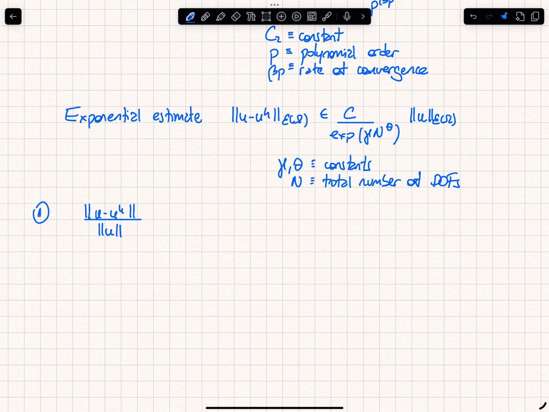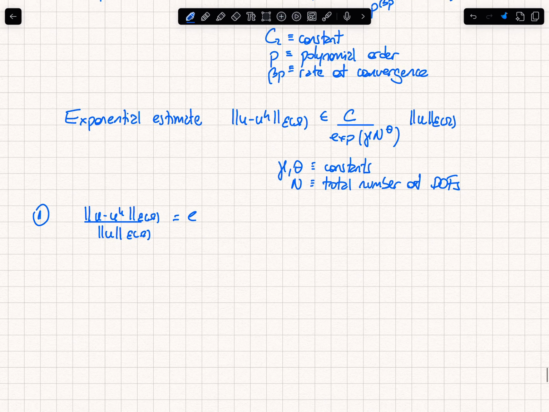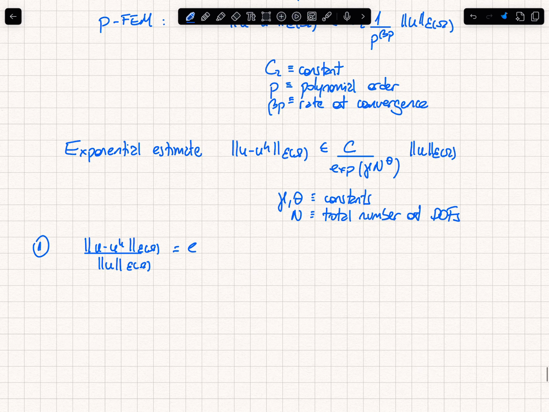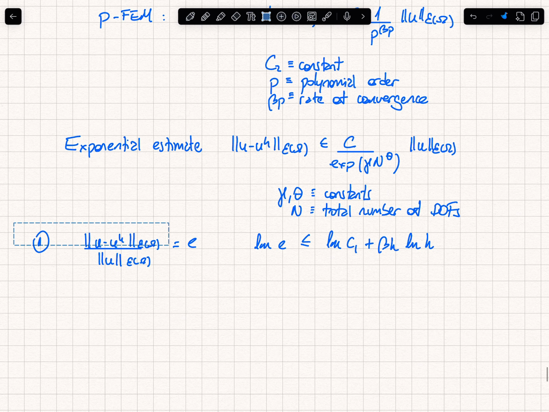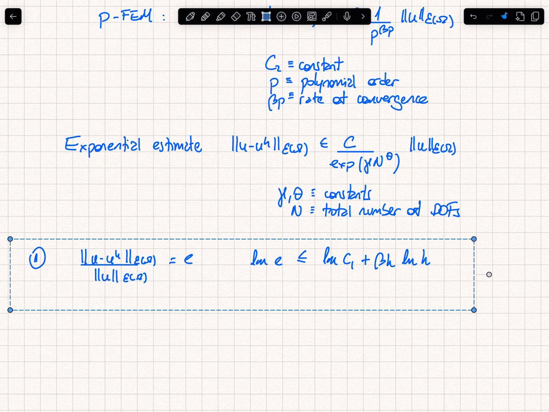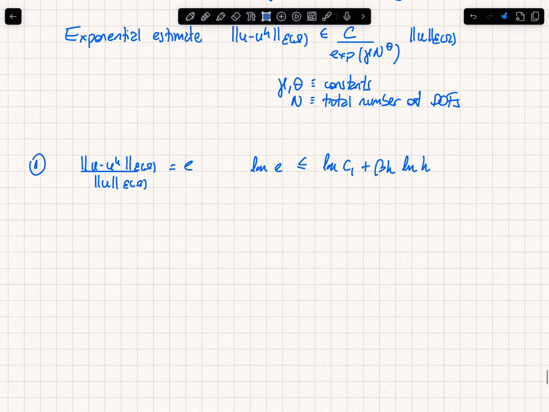divided by U, everything in energy norm, as, say, E, that's the relative error, right? Well, if we take the log at each side, plus beta H multiplied by the log of h. Maybe I move this a bit down.